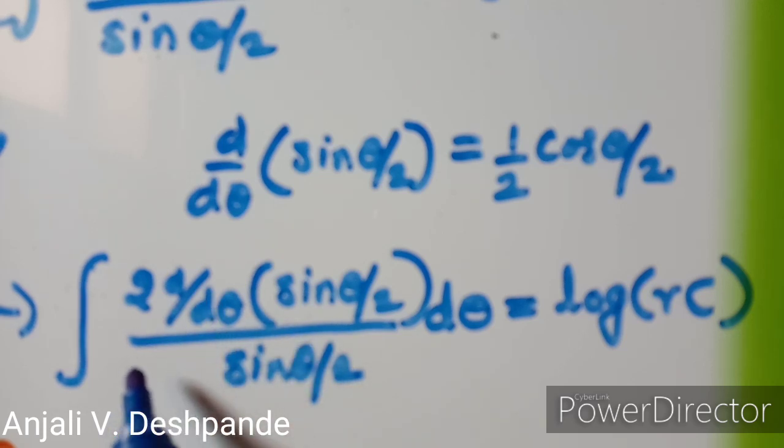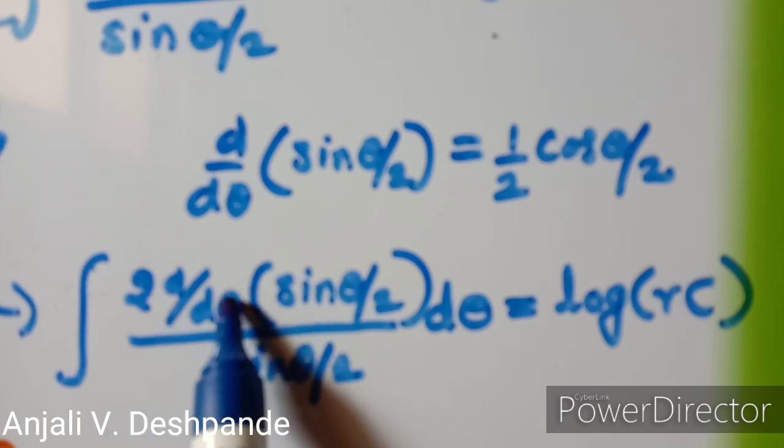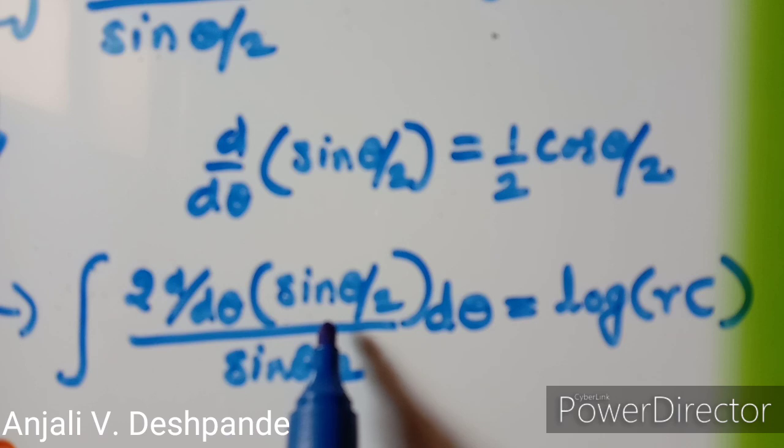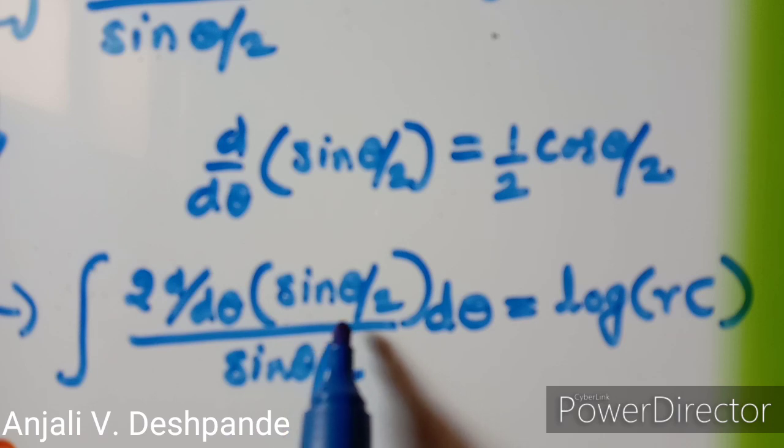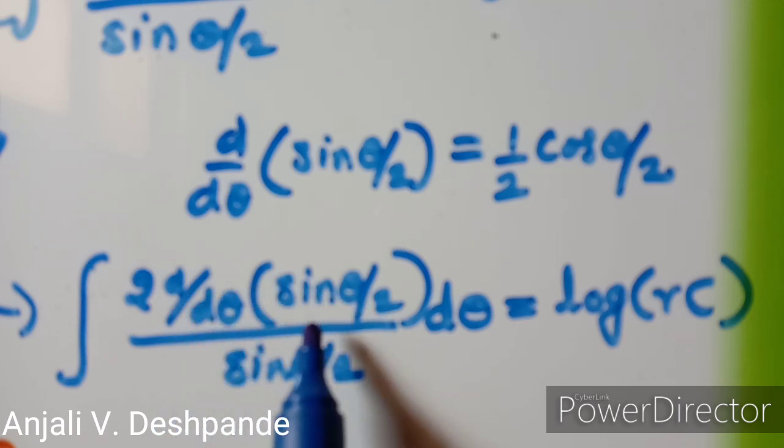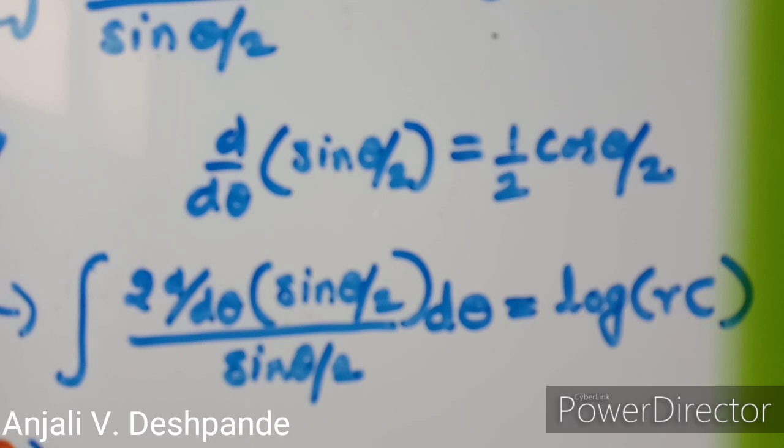So we are going to use which form? This is fx, this is f dash x. So this entire integration will be 2 times log of sin theta by 2 is equal to log r c.